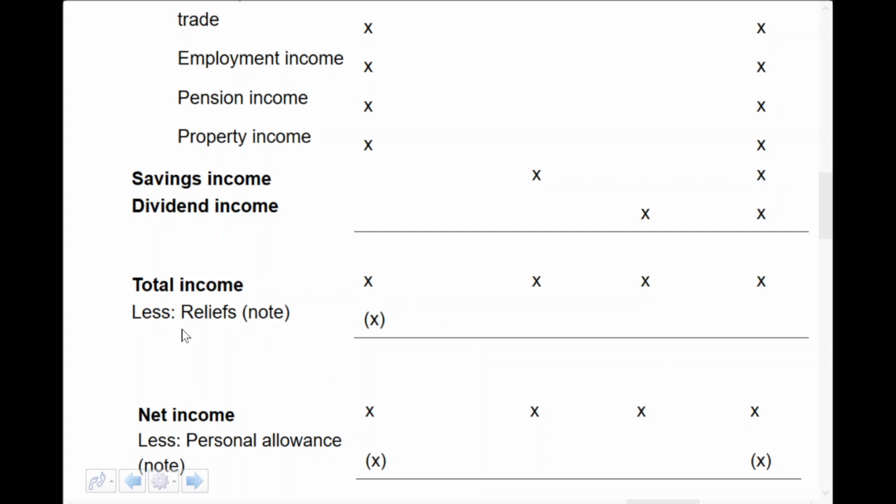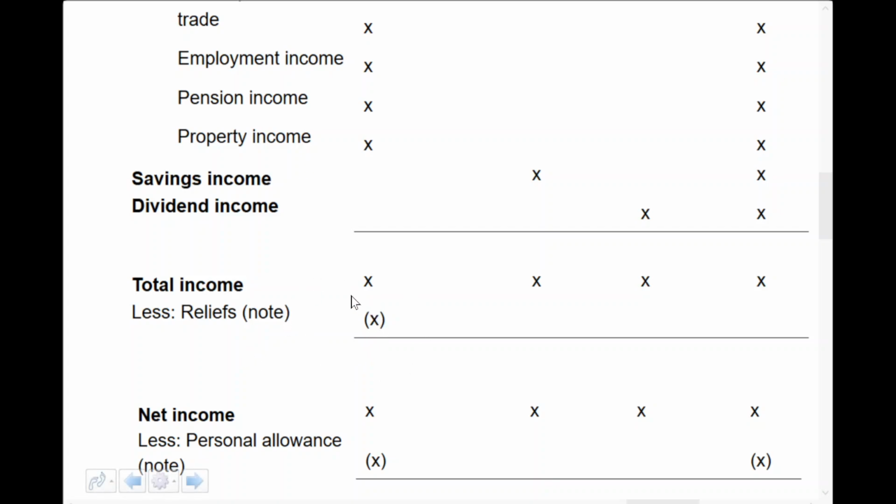Now, for the moment, for reliefs, just note that, good news really, these are areas that reduce our total income before we get further down the income tax computation and start applying tax rates. So I like reliefs. For example, qualifying loan interest, or perhaps over and above that, maybe loss relief.